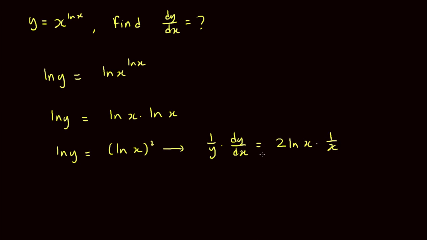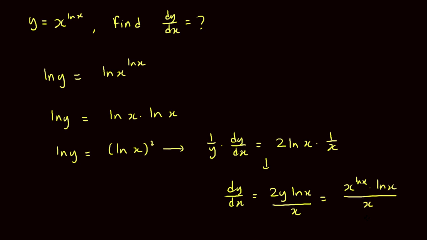So once we do the differentiation, we get dy over dx equals 2y ln x over x, and since y is basically x to the power of ln x, it's x to the power of ln x times ln x over x.